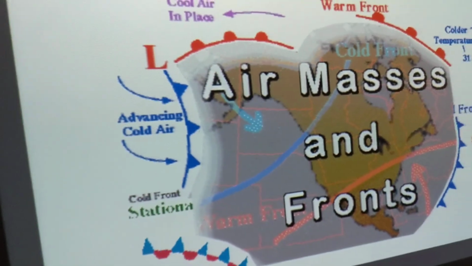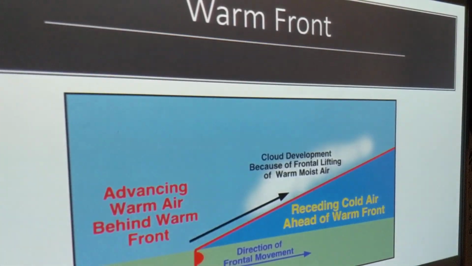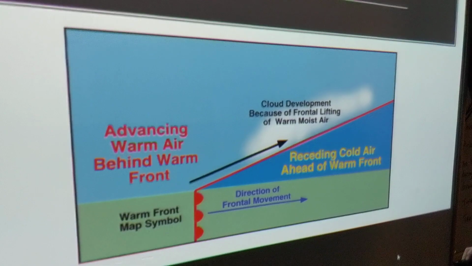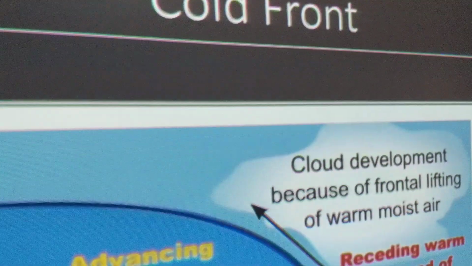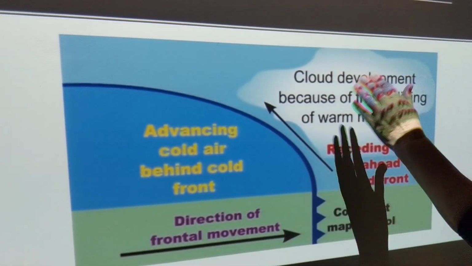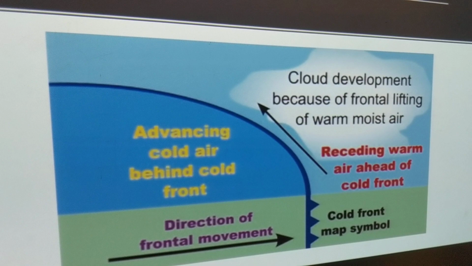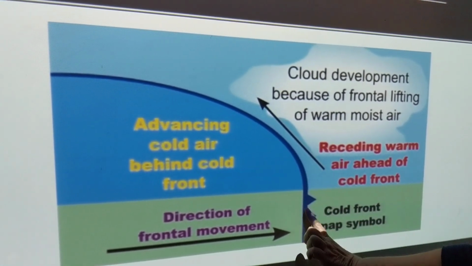So, places where air masses meet are called fronts. So our first front is a cold front. Anytime you have advancing cold air, it's going to push warm air up. You're going to get a low pressure system, cooling, condensing, and cloud formation.